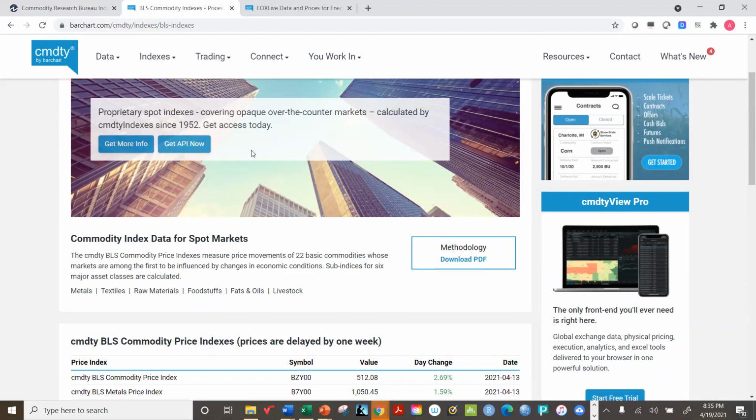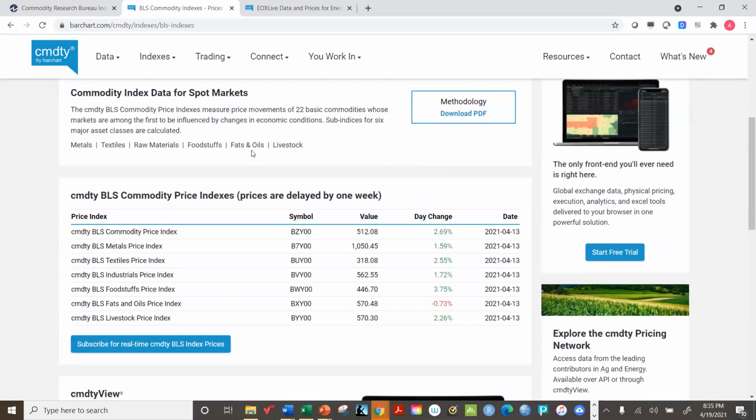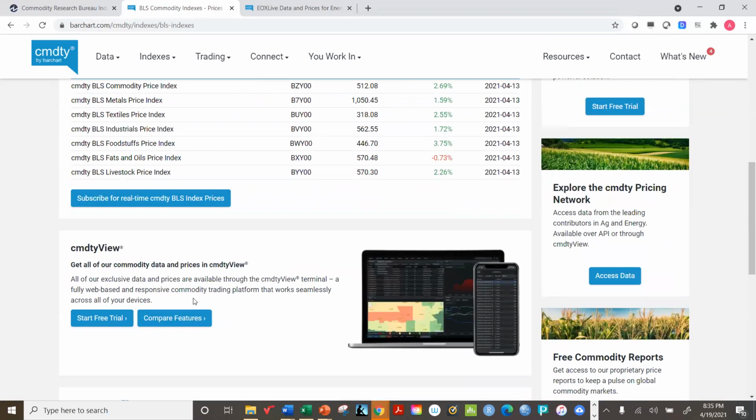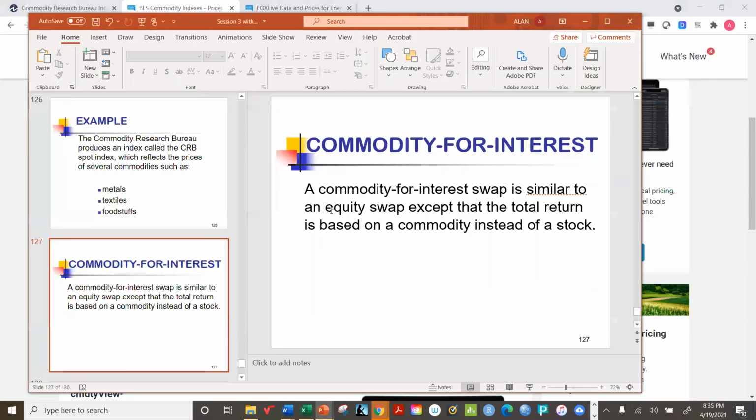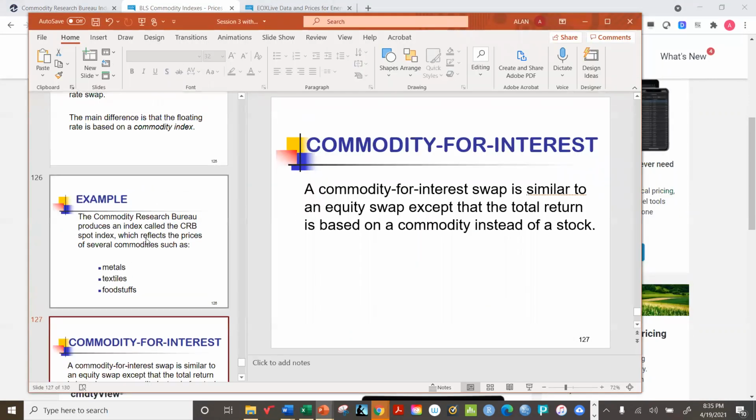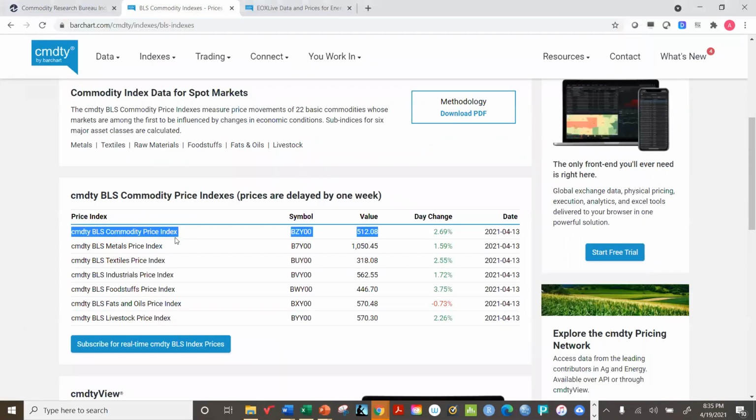And then there are sub-indices for 6 major asset classes. So you've got the overall index, and then you have sub-indices like metals, textiles, industrials, foodstuffs, fats and oils, and livestock. And so I guess presumably it's the number on top that is underlying the standard commodity swap. Okay, yeah, it looks to me like that would be the standard index.